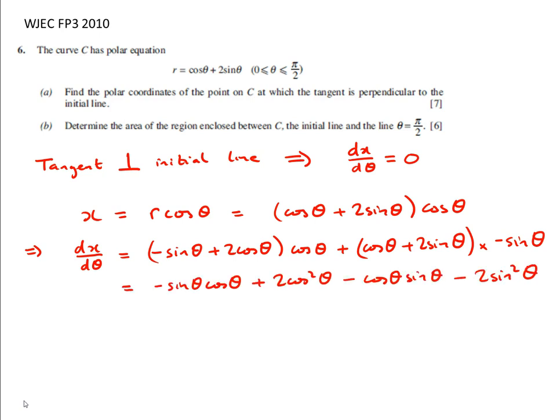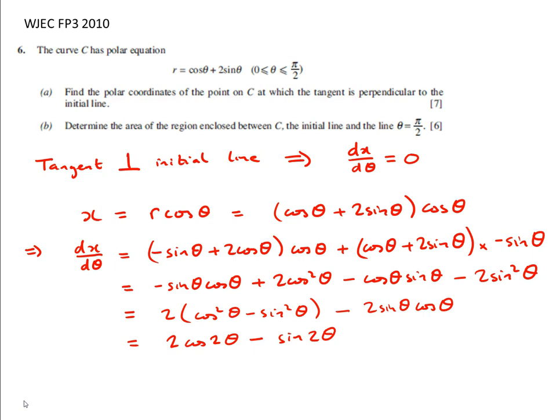If we simplify that, we've got dx by d theta is minus sine theta cos theta plus 2 cos squared theta minus cos theta sine theta minus 2 sine squared theta. So we've got 2 lots of cos squared theta minus sine squared theta, minus 2 sine theta cos theta.